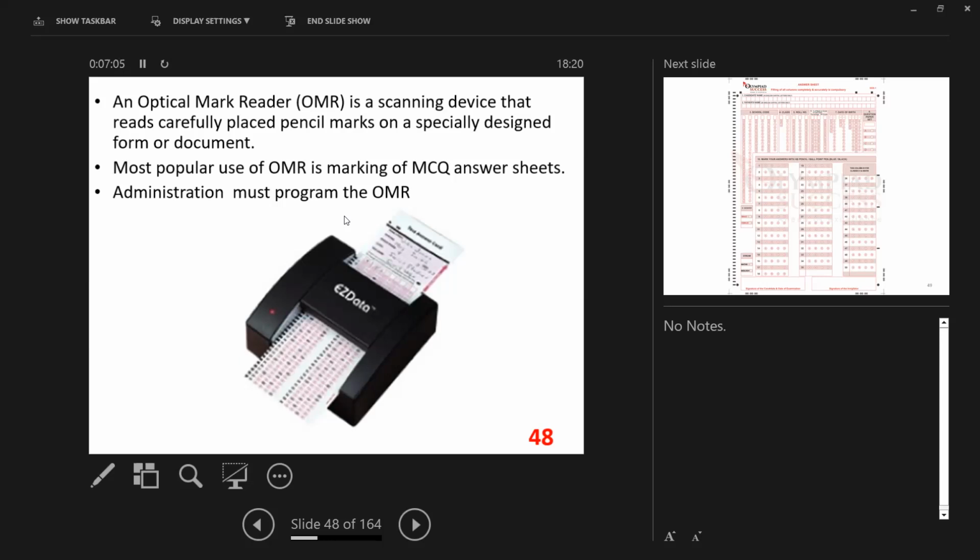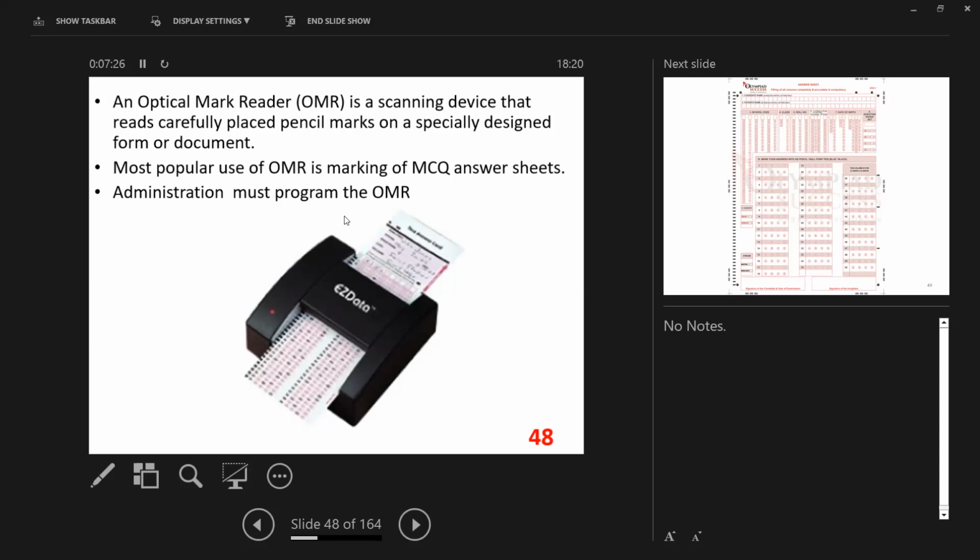OMR sheets scan the multiple choice answer papers. Sri Lanka also tried earlier to use OMR sheets for A-level subjects, but still we are correcting the questions manually.